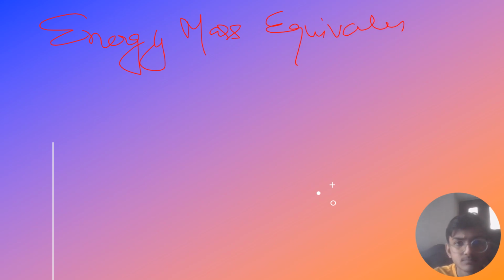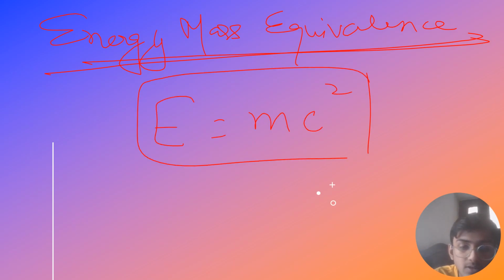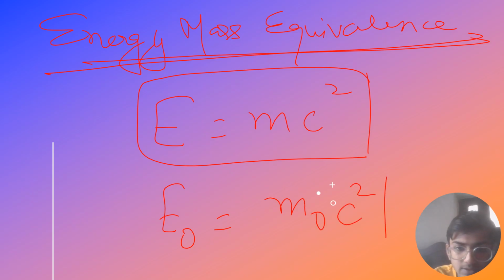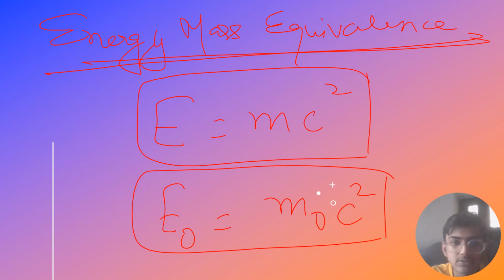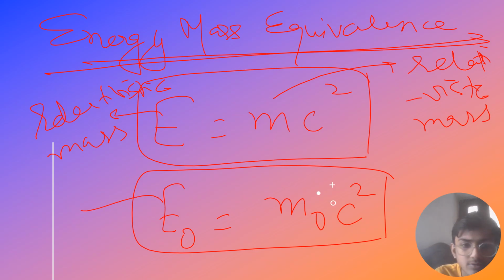Now energy mass equivalence. Energy mass equivalence is E equals mc square, but when we are concerned with the rest mass, that is m naught, corresponding to that we will have E naught equals m naught c square. This is actually relativistic energy when concerning the relativistic mass, and this is your rest mass energy.